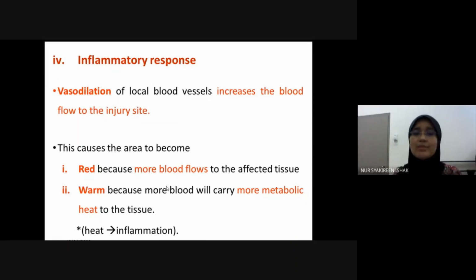So red, and then warmth, okay, because more blood will carry more metabolic heat to the tissue, okay. So heat. So that's why the mechanism is called inflammatory response. Dia akan menyebabkan keadaan yang sekitar kena infected area tu jadi warm lah, okay. Inflammatory, right? Red and warm.